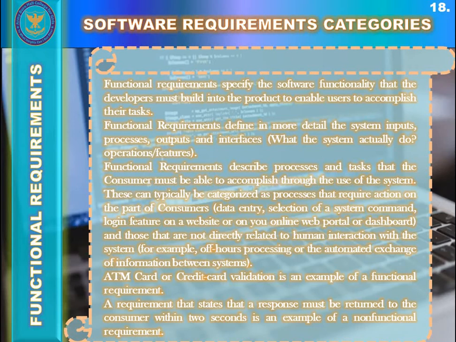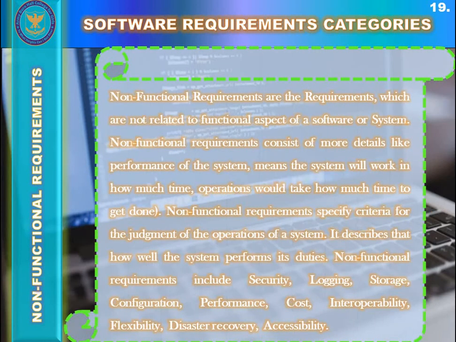So we can say that functional requirements are basically concerned with the operations, instructions, features, interface of the proposed system or software, that is, how the things would be used by the end user, which type of features would be used by the end user.